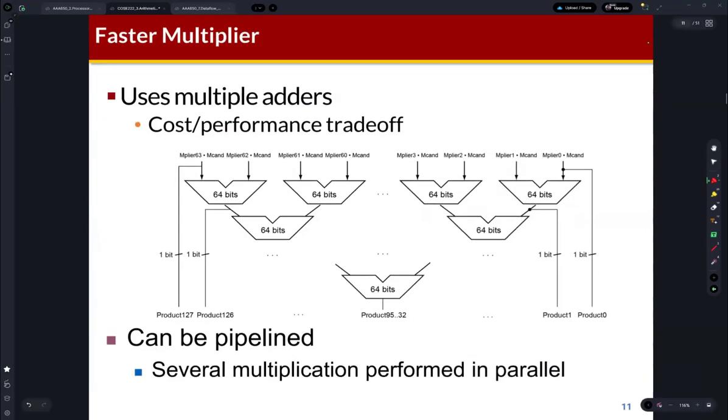So we can implement the multiplier like this: the partial products are concurrently generated, and then these generated partial products are accumulated using an adder tree. You can find many adders here.